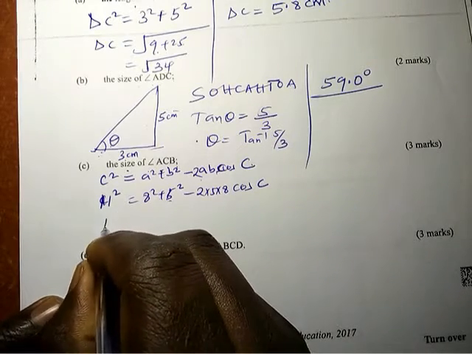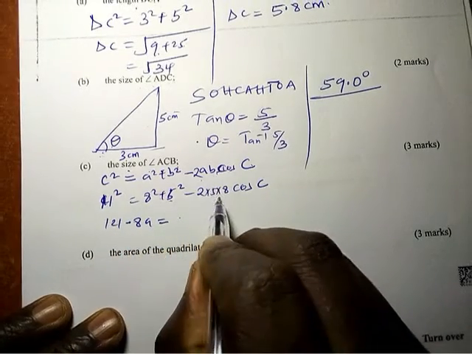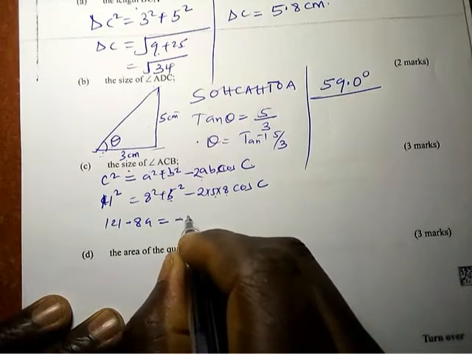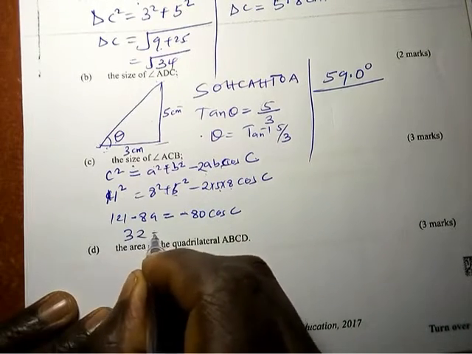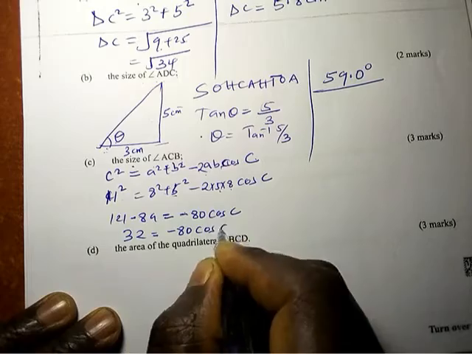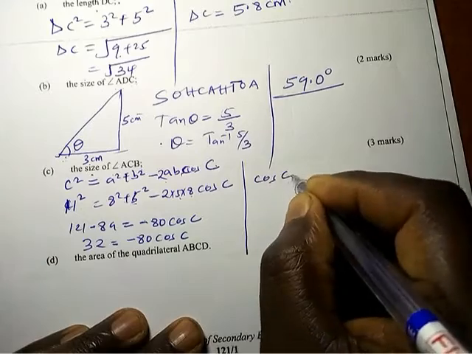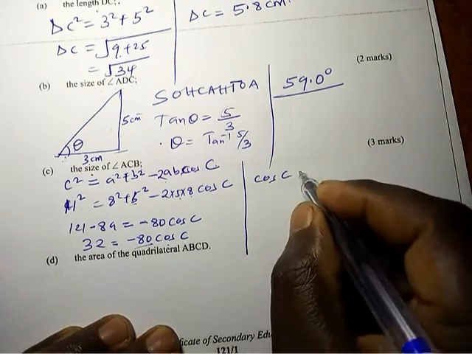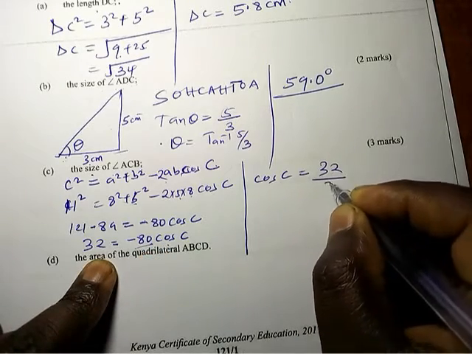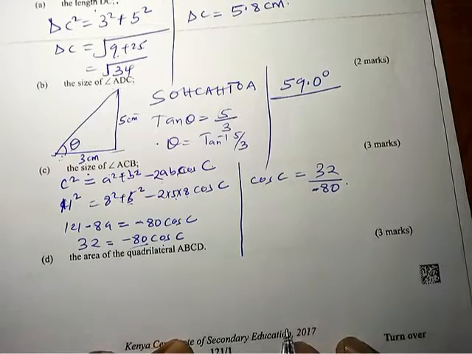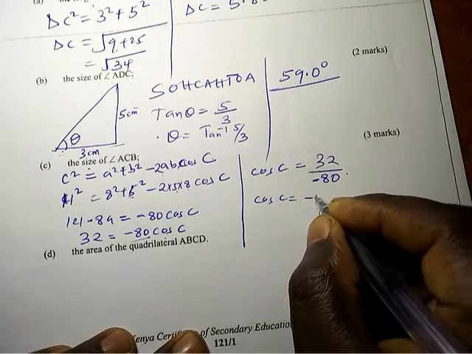We will have 121 minus 89 is equal to 80 minus 80 cos C. So 32 is equal to negative 80 cos C. So cos C is equal to 32 divided by negative 80. So cos C is equal to negative 0.4.